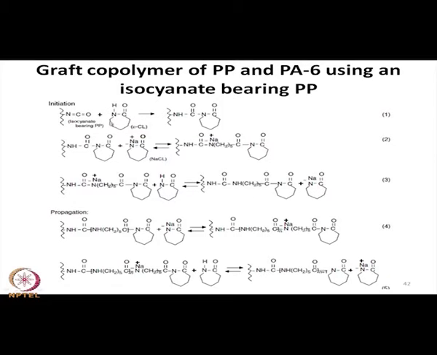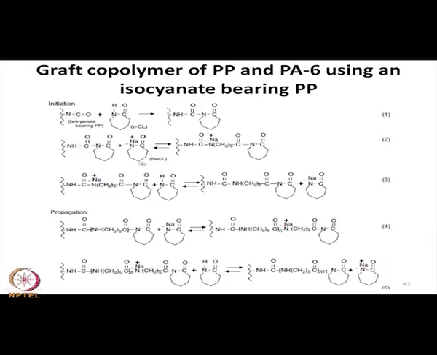This caprolactone can form nylon 6 by opening of this ring at this bond. That means this bond breaks, and by breaking this bond it polymerizes, and you see this unit is linked to this polymer chain through nitrogen, forming this amide link.